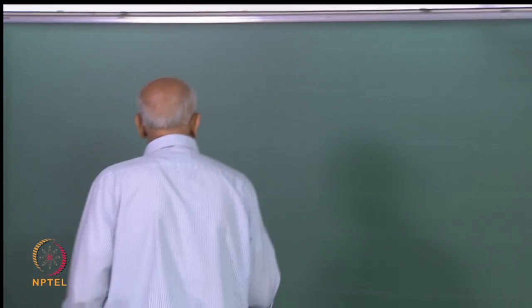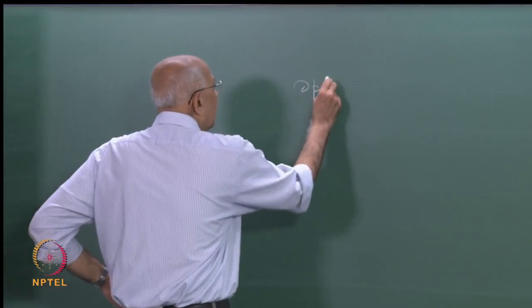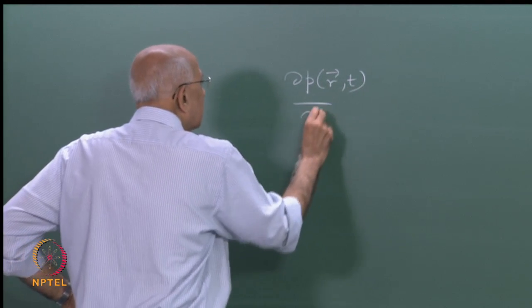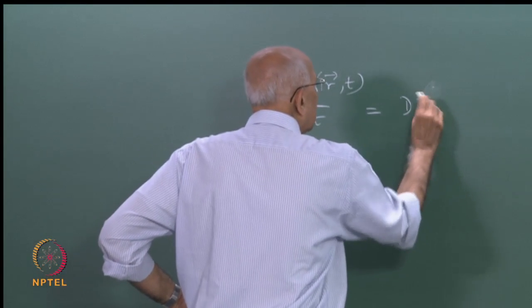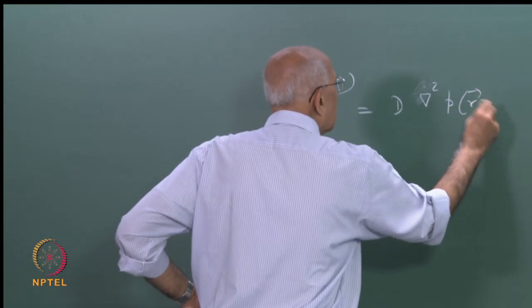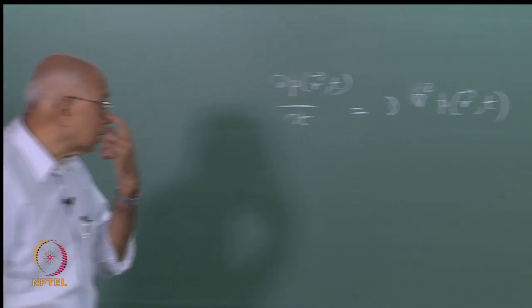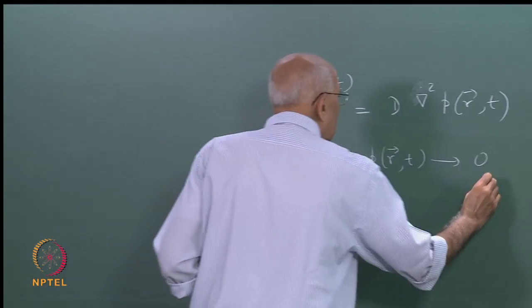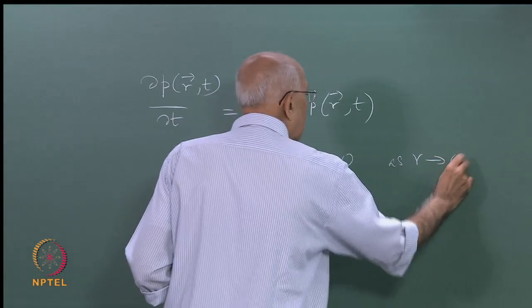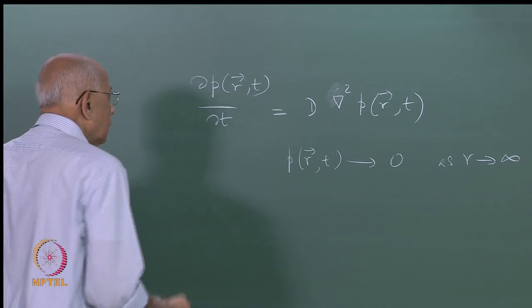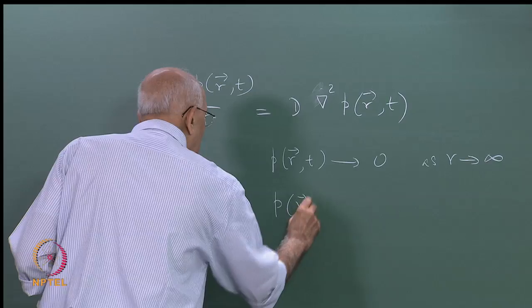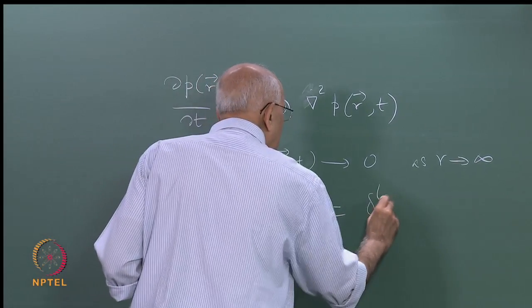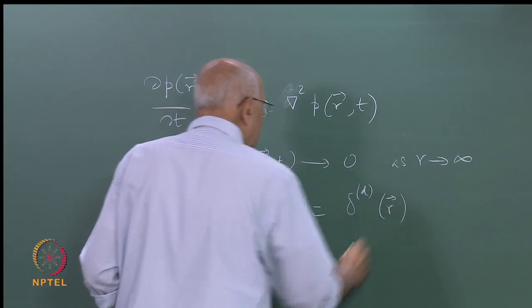Yeah, we continue with our study of the diffusion equation and its solution. If you recall, we solved the problem of finding the fundamental solution of this diffusion equation, del squared P of r comma t, subject to the boundary condition P of r, t goes to 0 as r tends to infinity in all directions, and the initial condition P of r, 0 equal to a delta function, in whatever number of dimensions you are at, at the origin.